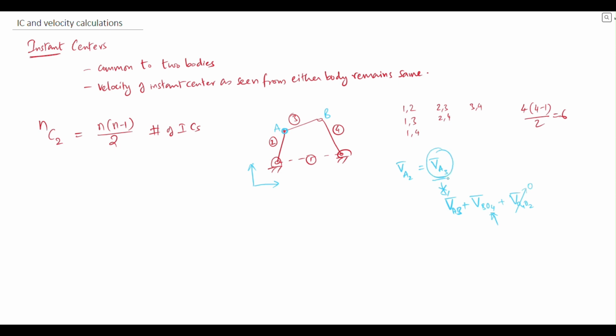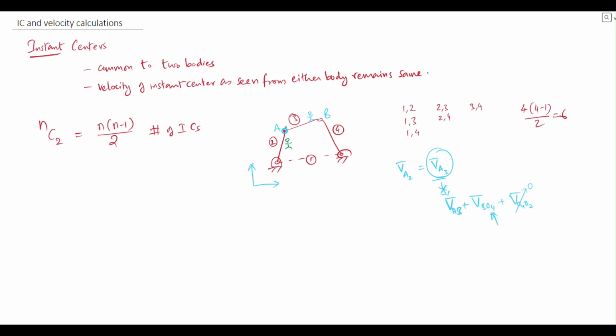So VA3 here refers to the absolute velocity as seen from body 3, which means, let's say I was standing on the third link and you were standing on the second link. When you look at A and when I look at A, I know how fast I am moving.